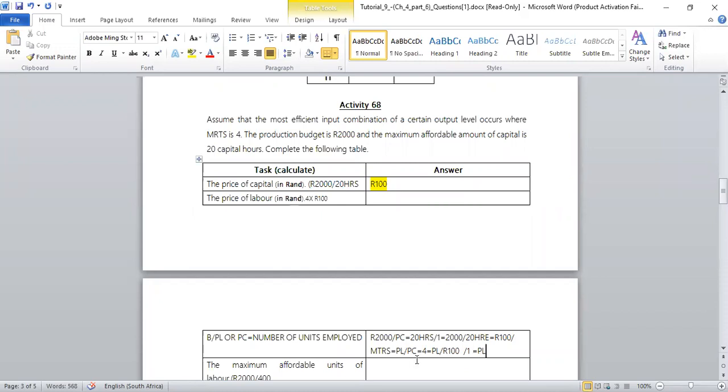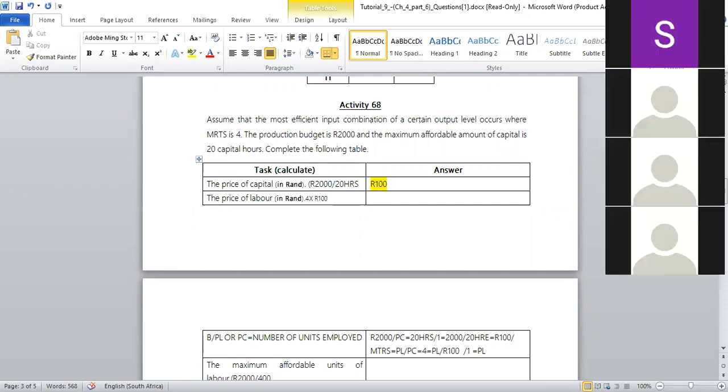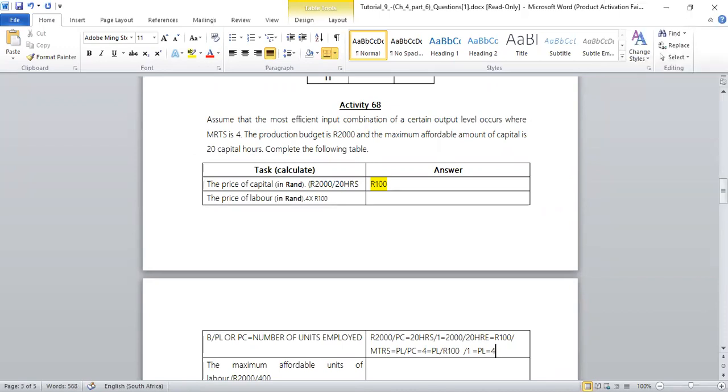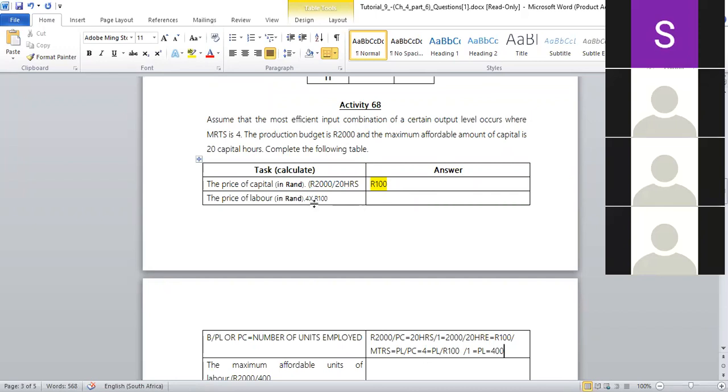Then when I say 4 times 100, it gives me how much? 400. So 4 times 100 is equal to 400, the price of labor. Any questions, guys? No, sir. Perfect.